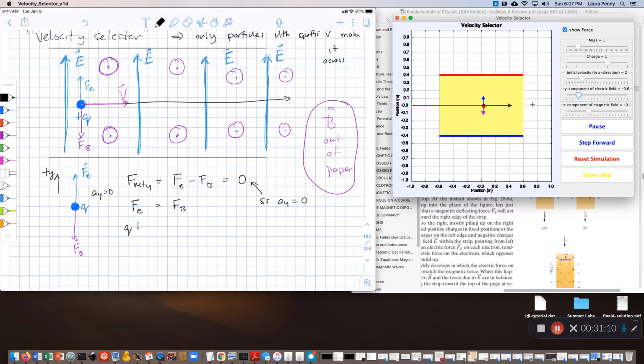This is Q times the electric field, whereas this is Q, and these are just magnitudes here in both Q and E. So this is Q, V, B. Here the magnetic field is perpendicular to our velocity. We have Q on both sides. And so the V that makes it through is the magnitude of the electric field over the magnitude of the magnetic field.